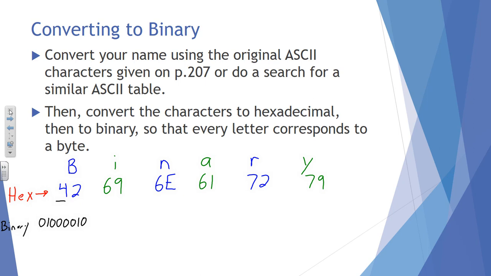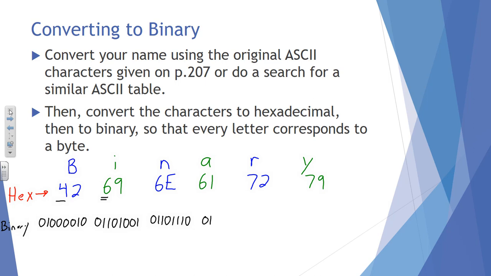Lowercase i is 69. 6 is 0, 1, 1, 0, while 9 is 1, 0, 0, 1. Lowercase n is 6e, which is, again, 0, 1, 1, 0. E is 1, 1, 1, 0.